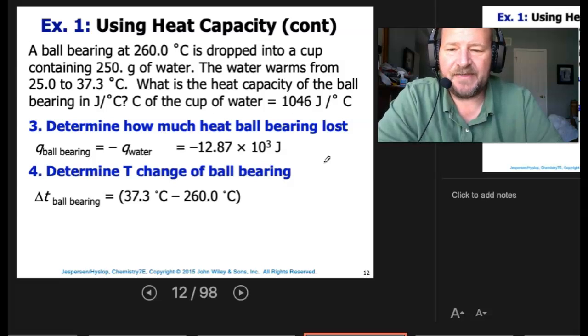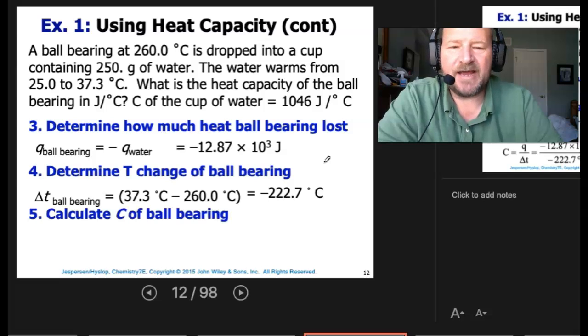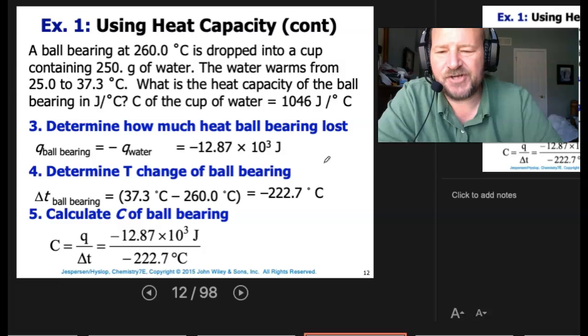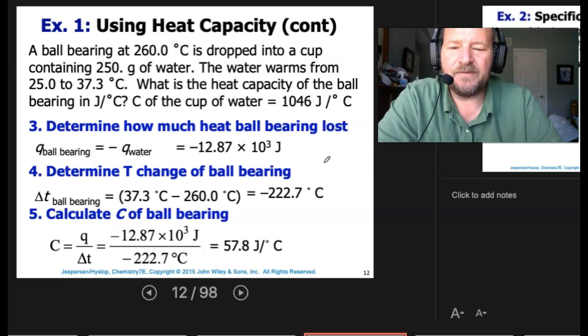It also ends at 37.3 degrees C, but it started at 260 degrees C. That's going to give us negative 222.7 degrees C. And now we can calculate the capacity of the ball bearing. We know the heat is negative 12.87 times 10 to the 3, and we know the temperature change was negative 222.7. Negatives will cancel out, and of course we'll end up with 57.8 joules per degree C.